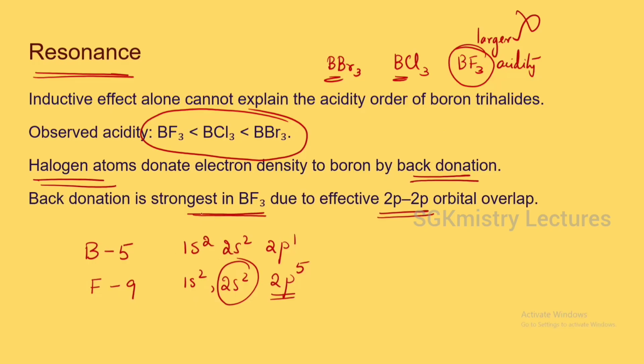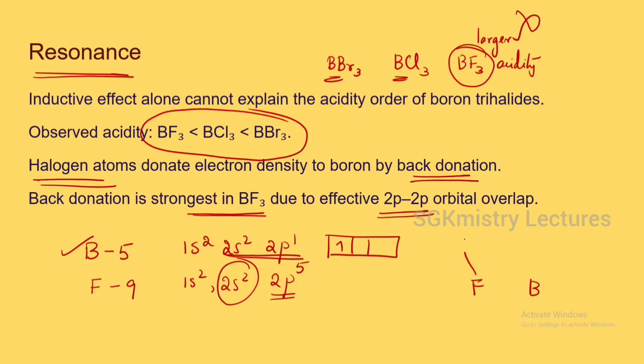Here it is seen that the 2p orbital of boron has only 1 electron. We can also write this as 3 orbitals like this. In 2p we have 3 such orbitals, but only 1 electron is present in the 2p orbital in case of boron, right?